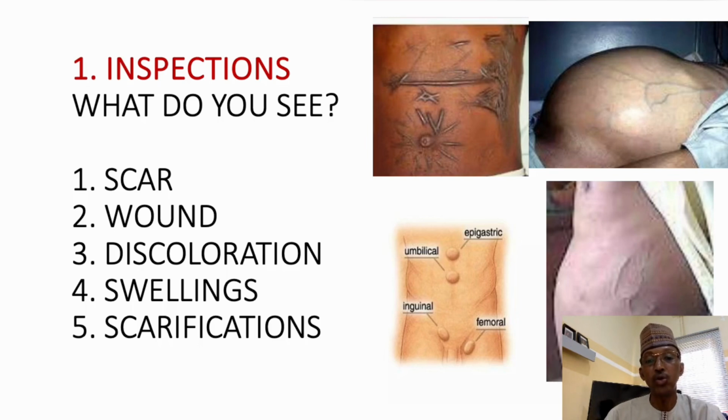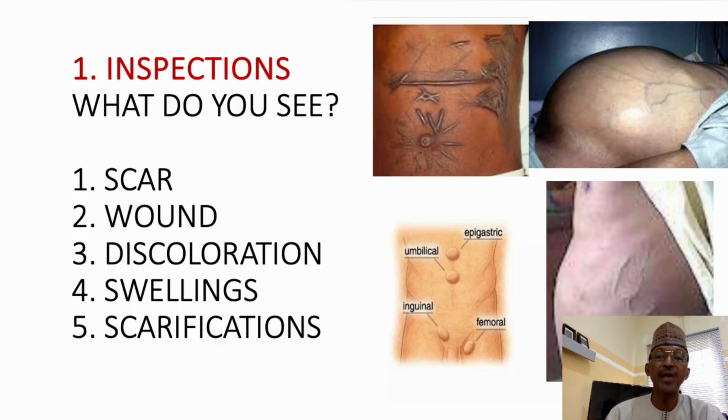Again, the intra-abdominal content can come out of the inguinal canal, and that is what we call inguinal hernia. Or the intra-abdominal content can pass through the femoral sheath or the femoral canal, and so the content can protrude in the groin, and that is what we call femoral hernia.